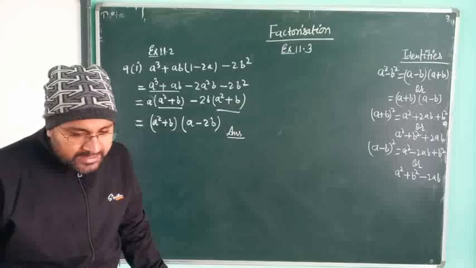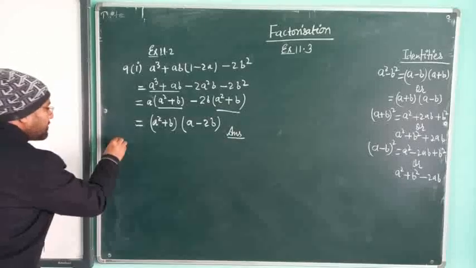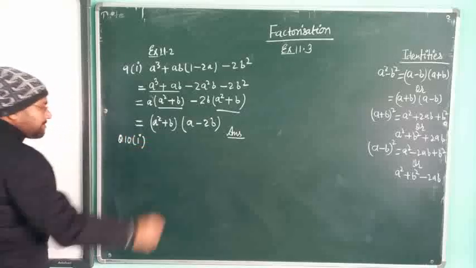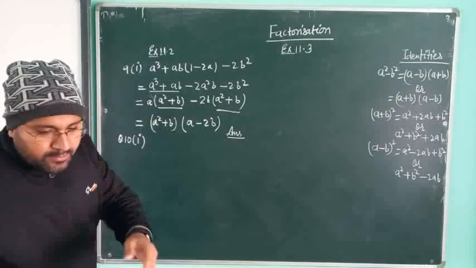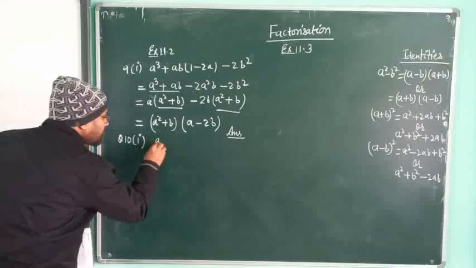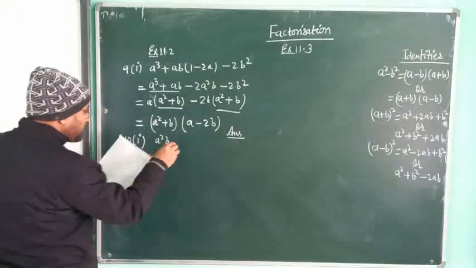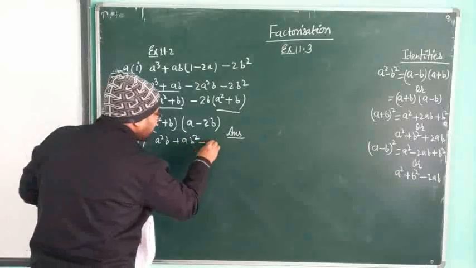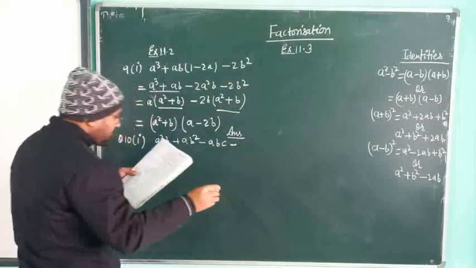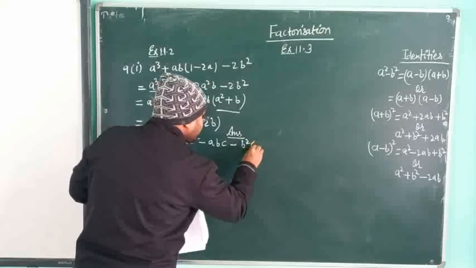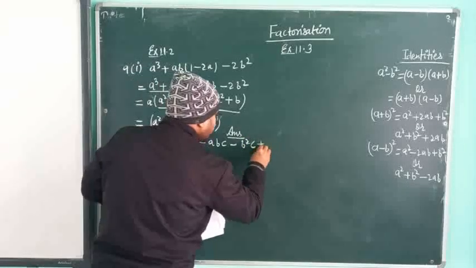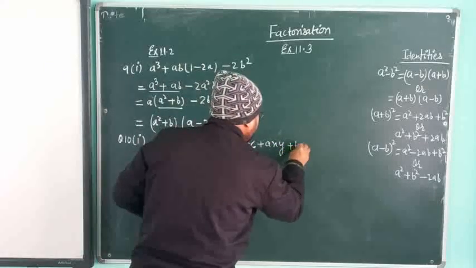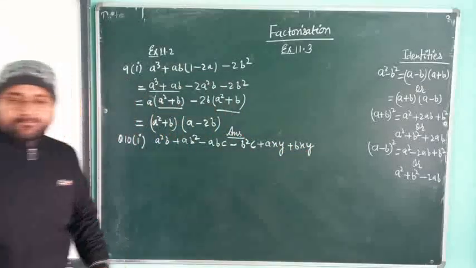Question number 10, first part. a square b plus ab square minus abc minus b square c plus axy plus bxy. This is your question.